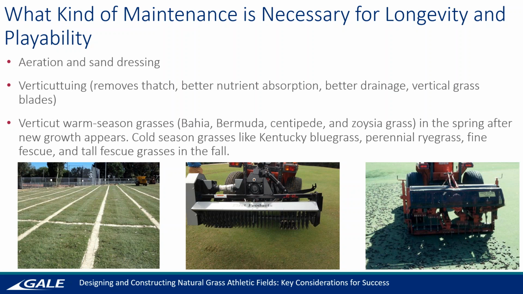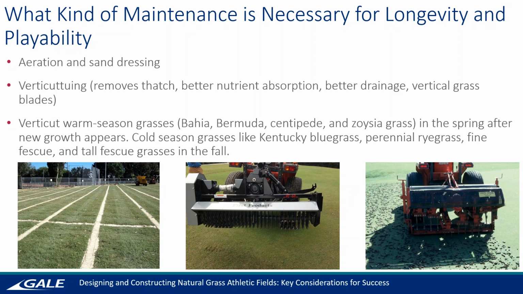Verticutting is something you see here in the middle. Over time, your turf grasses build up a thatch layer, and you've got to get rid of the thatch layer for similar reasons to aeration. You want to be able to get a proper growing media, good nutrient absorption down to the roots, and better drainage through there.